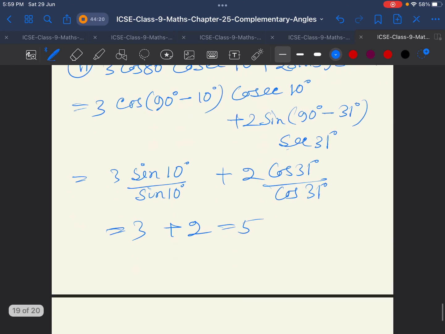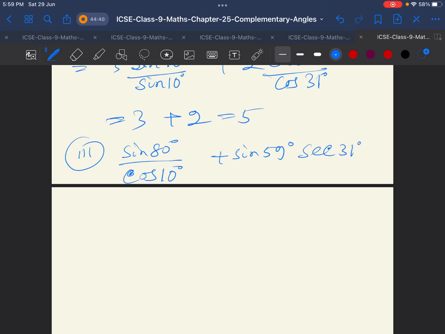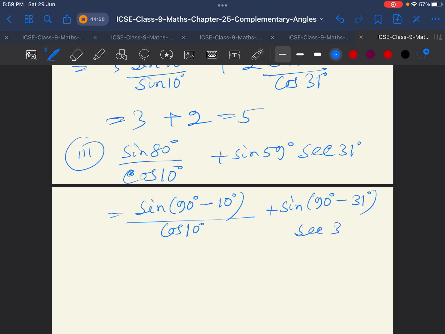Now question number 3: 3 sin 80 by cos of 10 degree plus sin 59 degree sec of 31 degree. Okay, so we can write sin (90 minus 10) by cos of 10 degree plus sin (90 minus 31) degree sec of 31 degree.